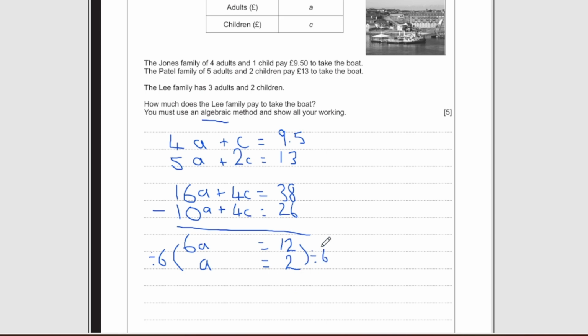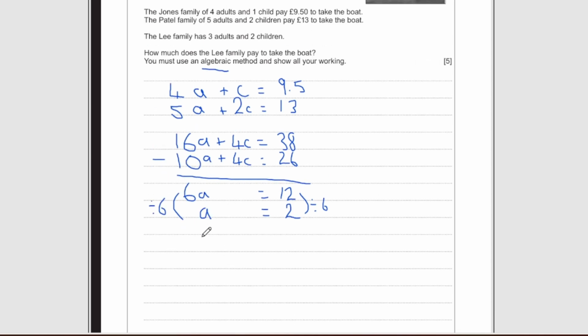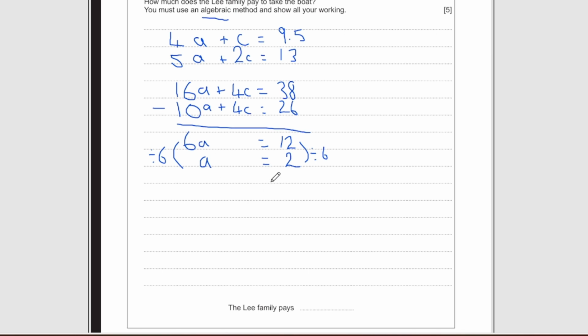Now we've got that sorted out, we can substitute it back into the equation. The easiest one to do is this one here, 10A plus 4C equals 26. Let's substitute the value of A into this equation. I have to scroll down a little bit. There we are. So we've got 10A, and we know that A equals 2.